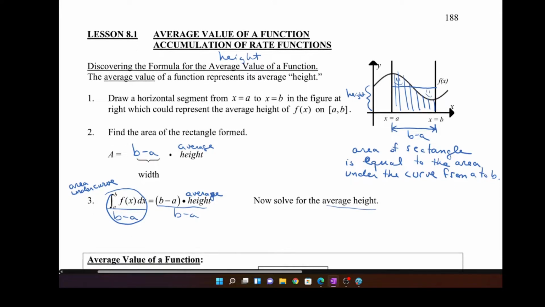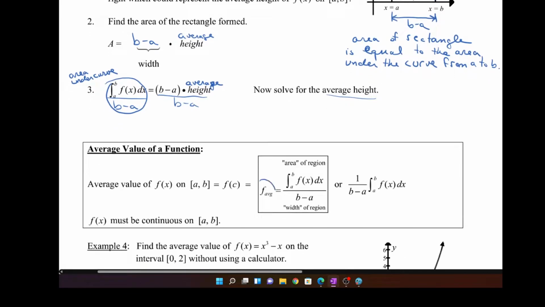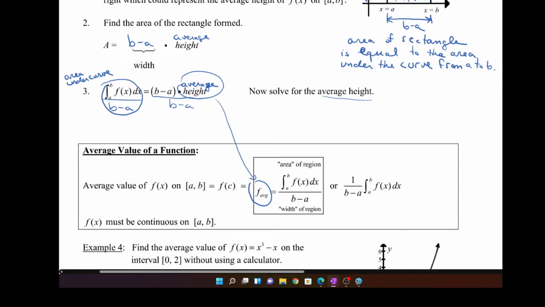So we actually have a formula then. The average height: the width of the region, we move a hidden, invisible 1 over B minus A out in front. And then we just calculate the area under the curve.